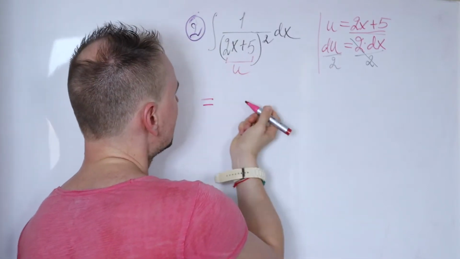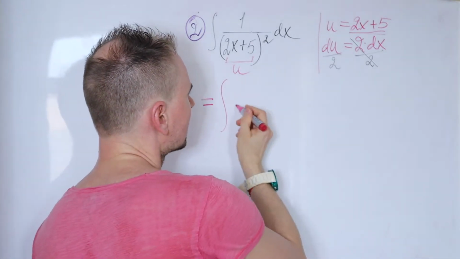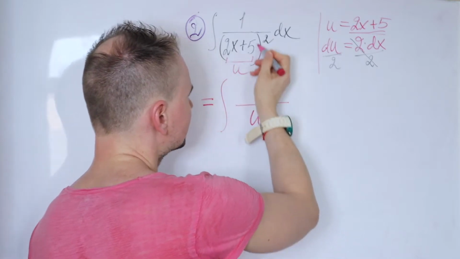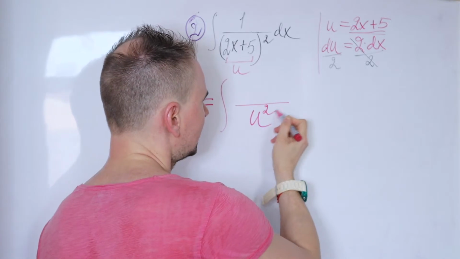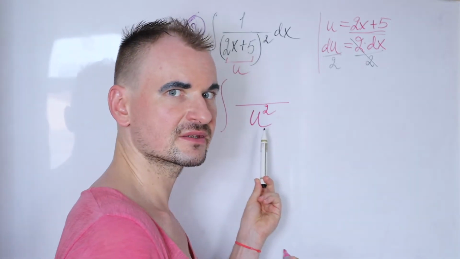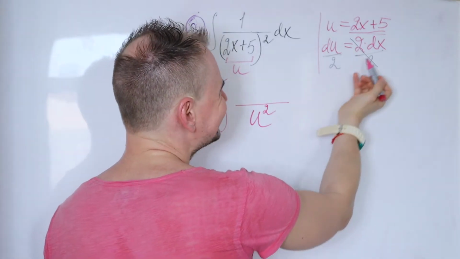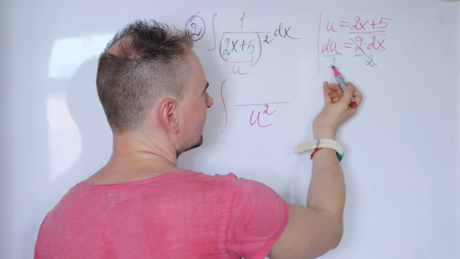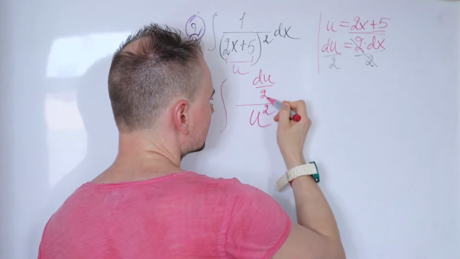So it becomes the integral. Instead of 2x plus 5, I'm going to write u, and you keep this power, square. And my dx is simply replaced by du over 2.